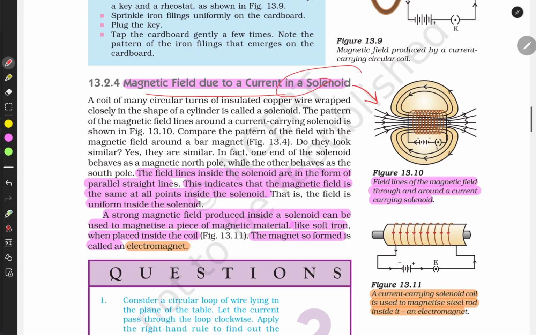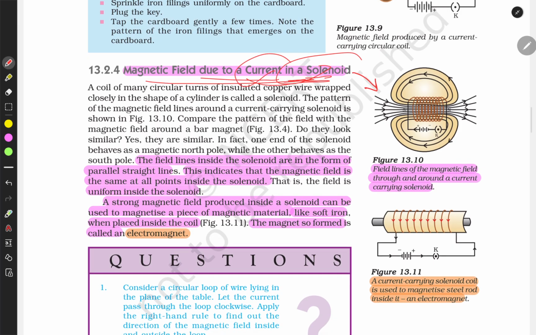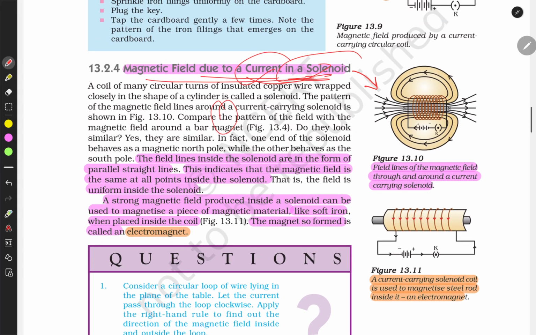Let's talk about the magnetic field lines due to the current in the solenoid. So a solenoid is a wire which is wound like this, and we pass current through it. The field lines inside the solenoid are in the form of parallel lines, and this indicates that the magnetic field is the same at all points inside the solenoid.